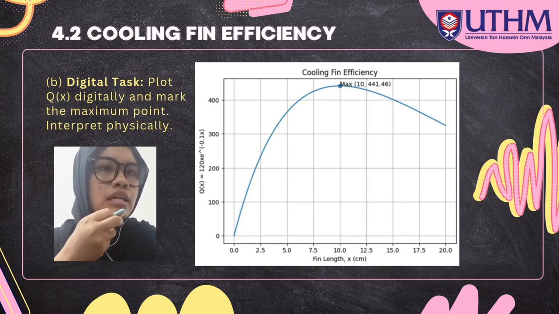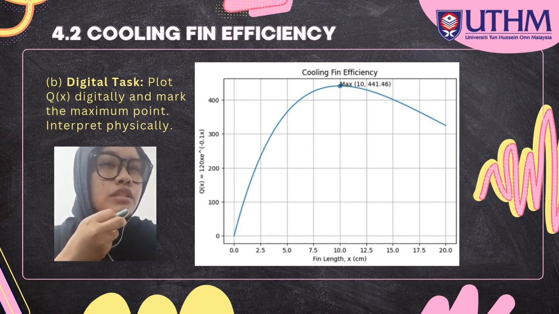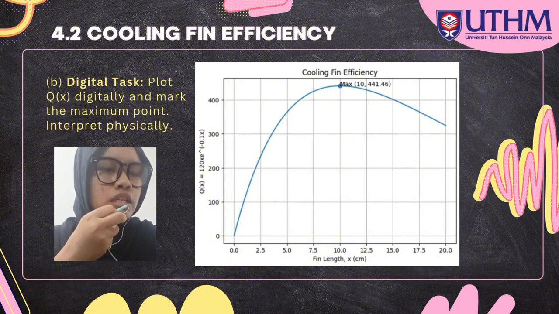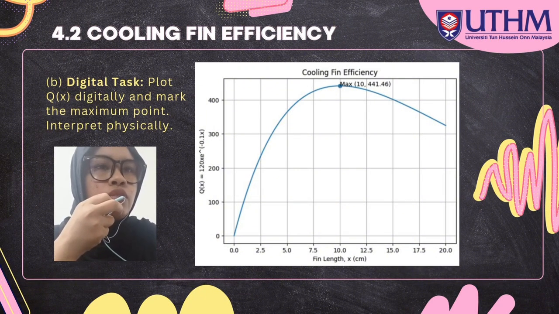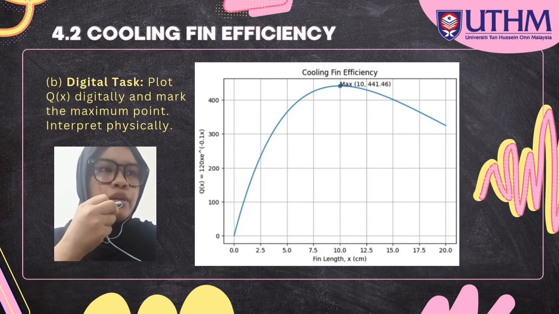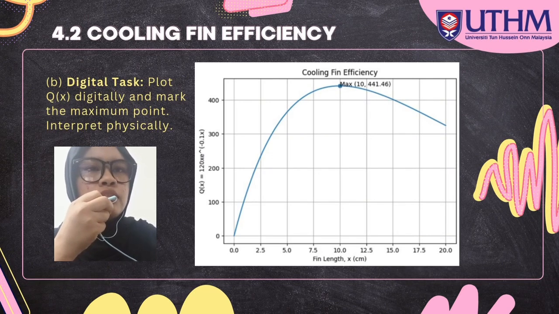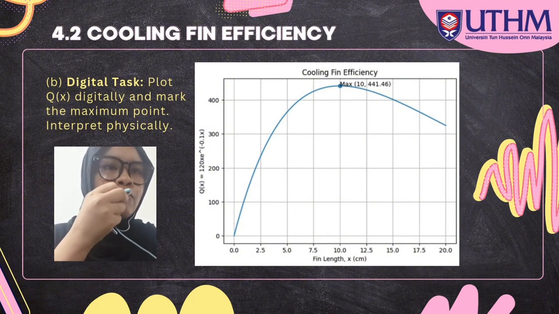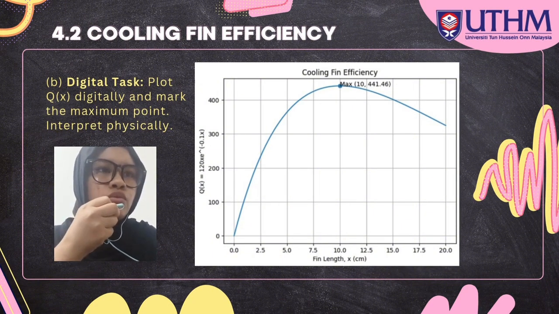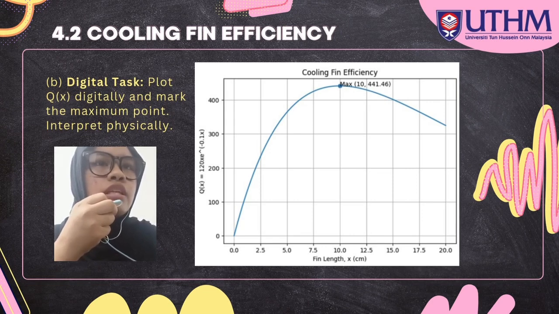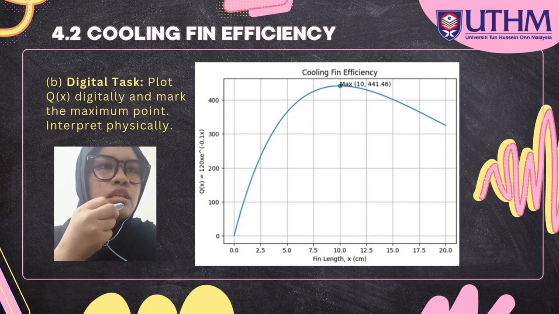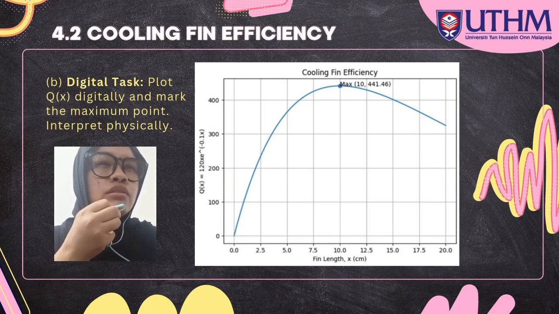So next we substitute into the equation: 120 e to the power of negative 0.1x times (1 minus 0.1x) equals 0. And then after that we solve for x. 1 minus 0.1x equals 0, and the final answer is x equals 10.